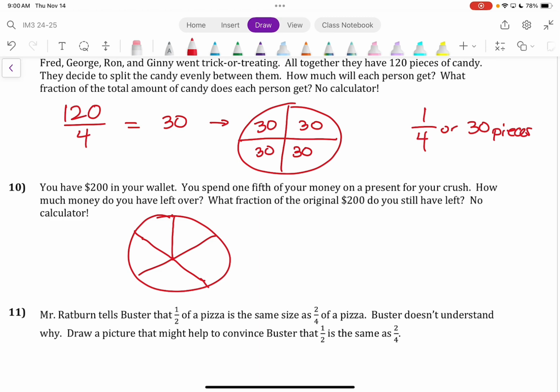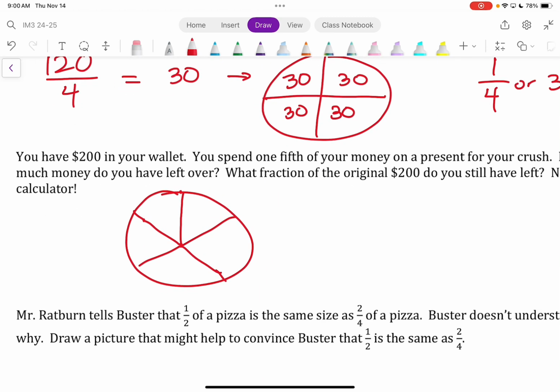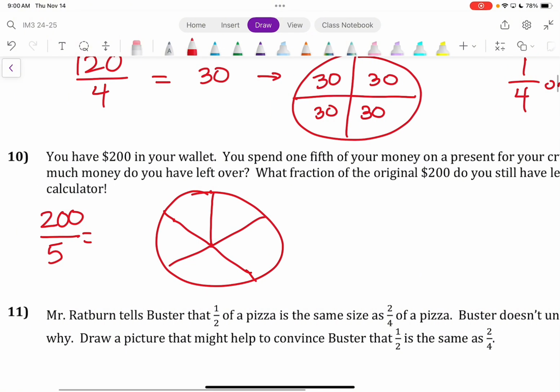Let's pretend that's even. What is 200 split evenly into 5? 200 divided by 5. What do we get? Think about that division problem. 5 goes into 200 40 times.